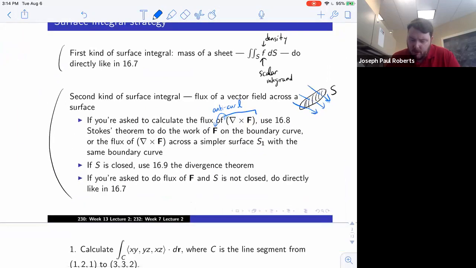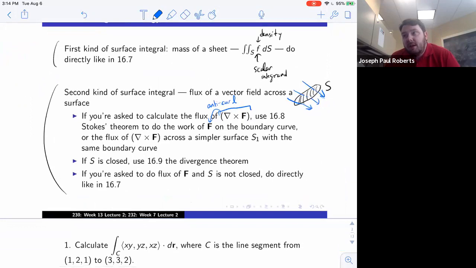You can either do the work of the anti-curl on the boundary, or you could change your surface to something simpler with the same boundary curve. And so that's sort of the trickiest one. That was last week's material. We'll make sure we talk a lot about that in a few minutes.